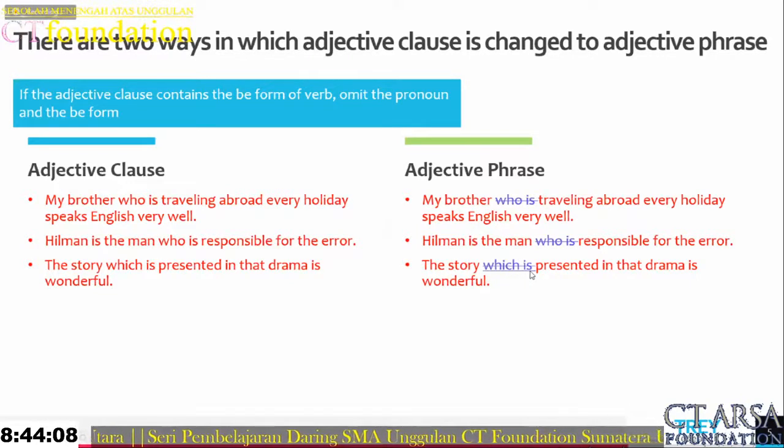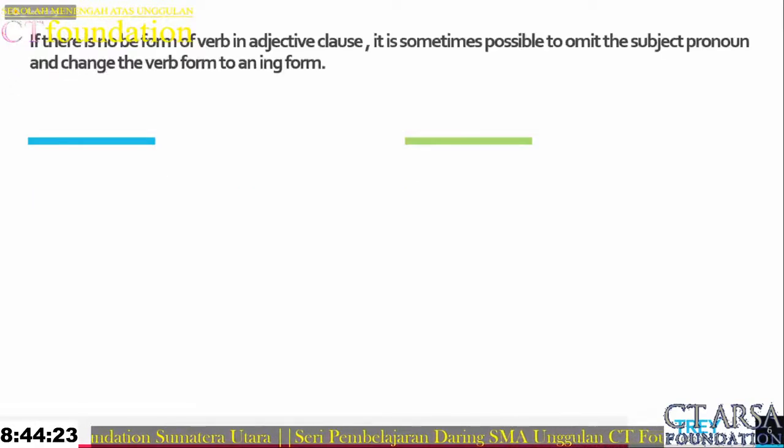Okay, do you have any questions? No? Then we continue to the next. This was the first way to change an adjective clause into an adjective phrase. And number 2: if there is no be form or verb in the adjective clause, it is sometimes possible to omit the subject pronoun and change the verb form to an ing form.